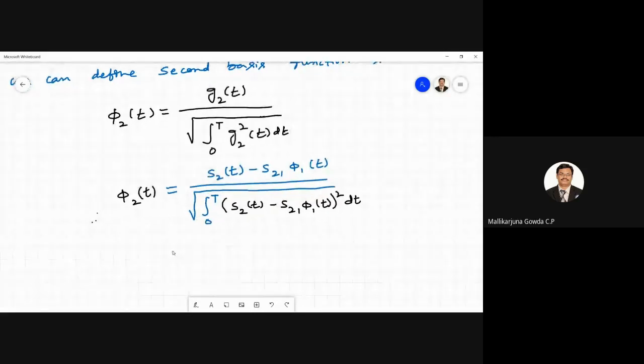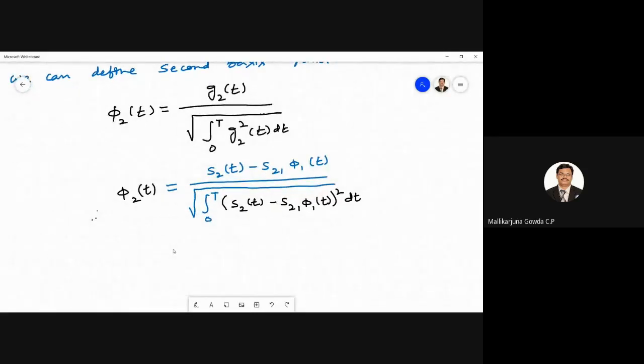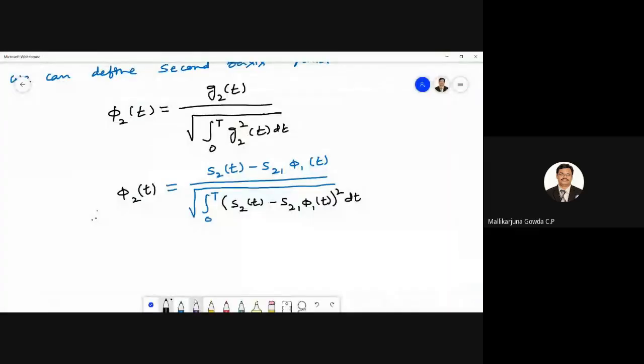Let me take the further simplification and generalizing this expression for pi i of t in the next class. Is that fine? Is it okay?